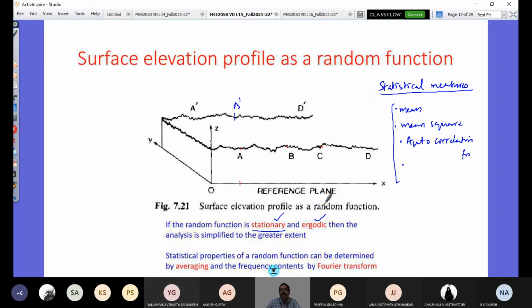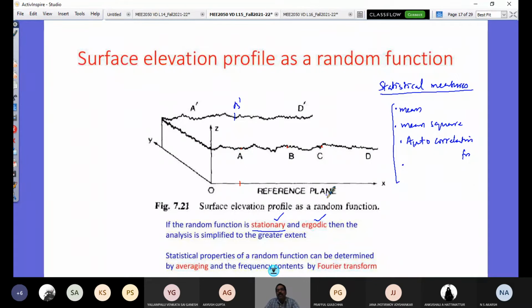When these statistical measures are of stationary ergodic nature, then I don't require my vehicle to be ridden for many hours; a few seconds is sufficient. That is the basis. So our hostel side B block road is assumed to be a stationary ergodic signal.